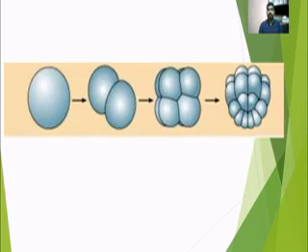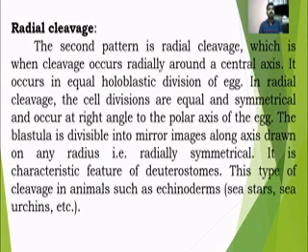Now, this is a picture showing the radial cleavage. The second pattern is radial cleavage, which is when cleavage occurs radially around the central axis. It occurs in an equal holoblastic division of the egg. In radial cleavage, the cell divisions are equal and symmetrical and occur at right angle to the polar axis of the egg.